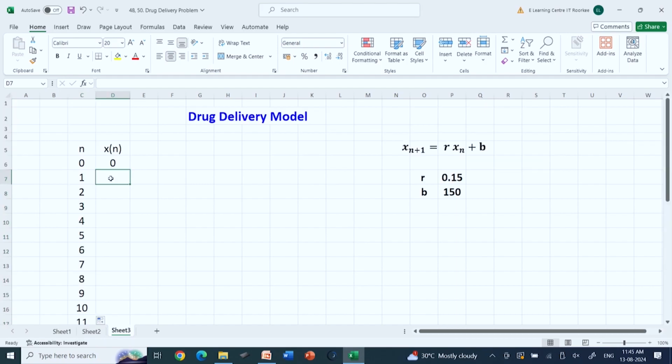And this value is equal to r multiplied by xn plus b. So the value of r is constant and the value of b is constant. So I put a dollar and enter.